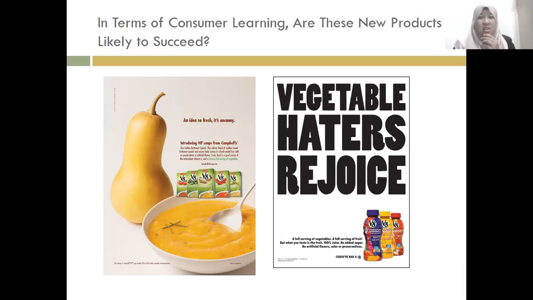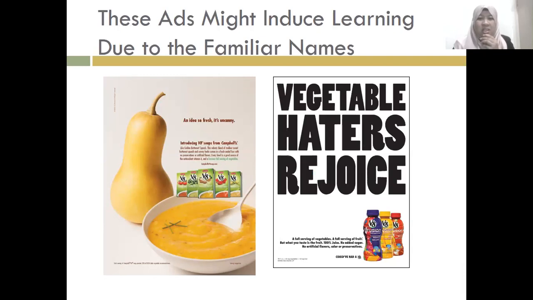So inshallah this product will succeed by Campbell. I think this product might not be in our country, but in another country.